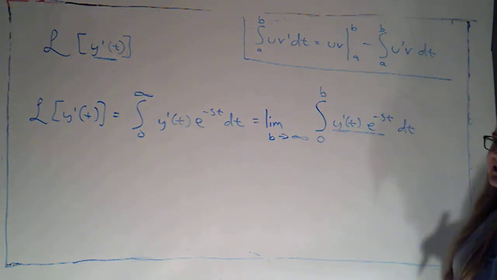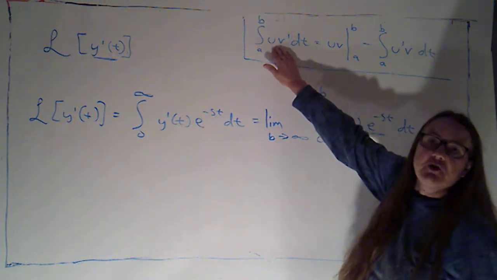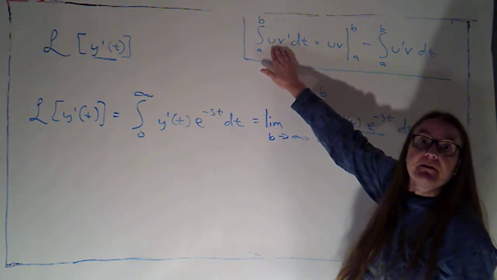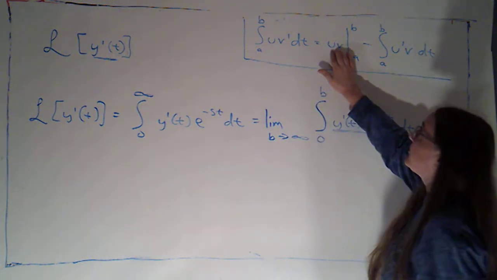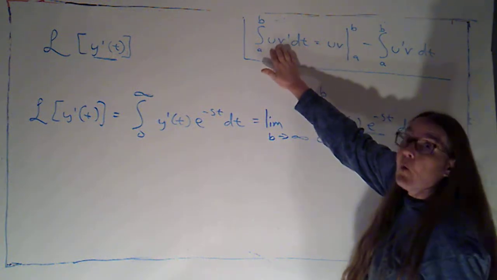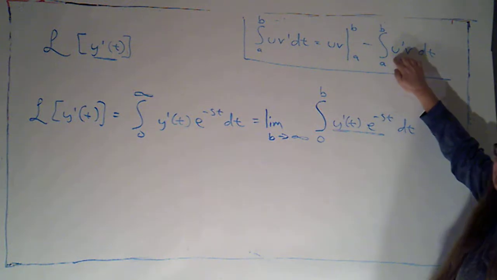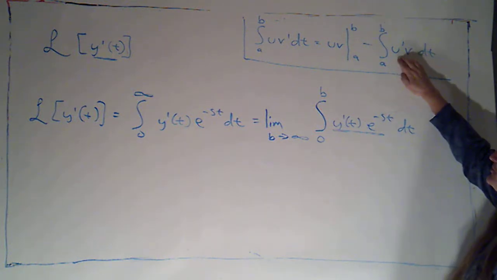So essentially what's happening is this is undoing the product rule. This would be one of the two terms that would show up in the derivative of the product if I were to take the derivative of the product of uv. So when I integrate one of those terms, I get the original product minus the integral of the other term that would show up in the product rule.